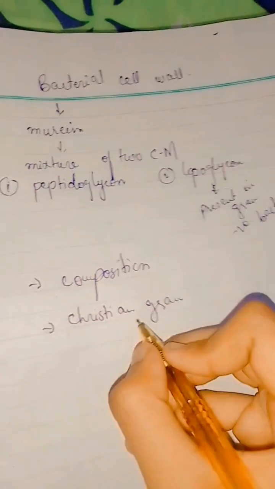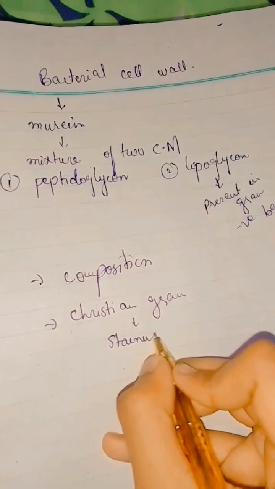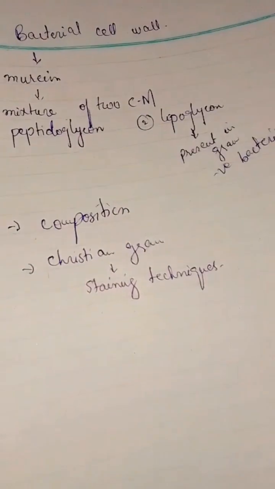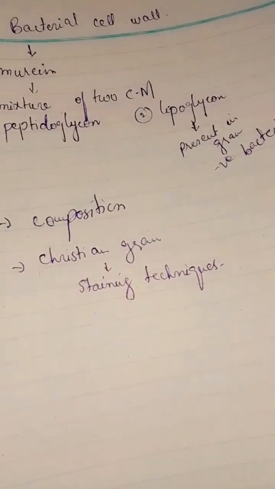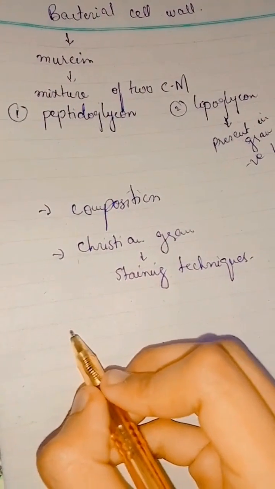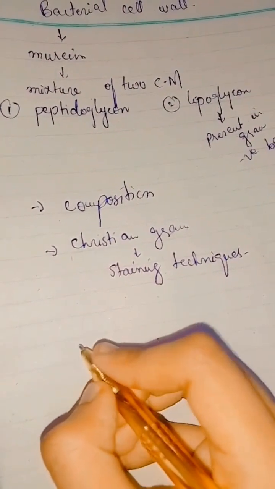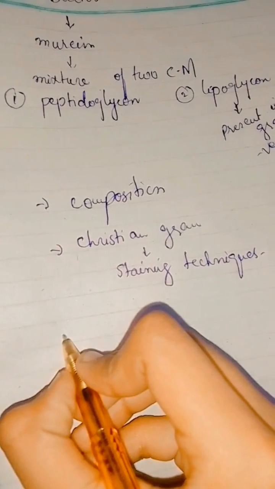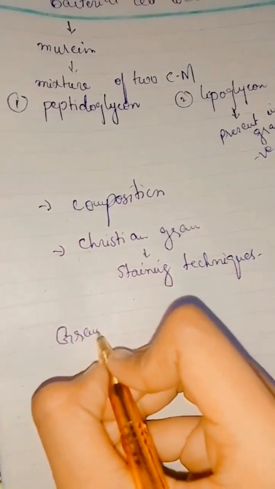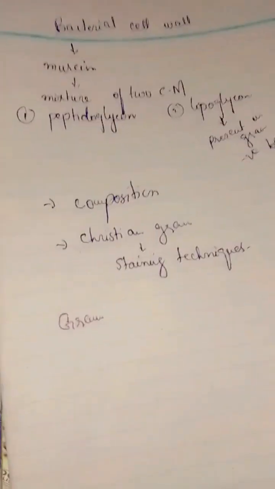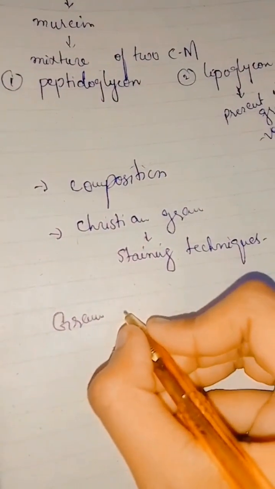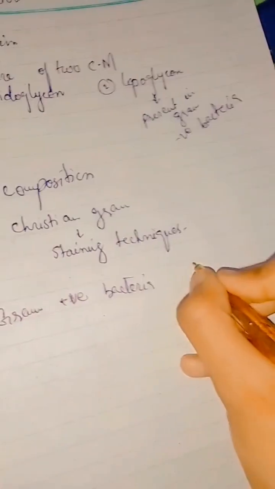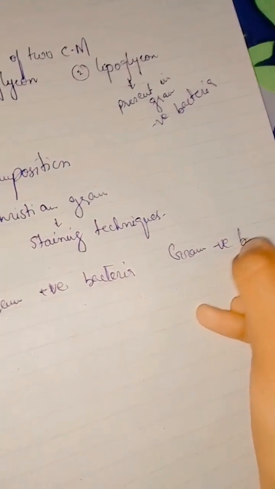He developed the staining technique: he stained some bacteria and classified them on the basis of their staining response, as gram positive bacteria and gram negative bacteria.